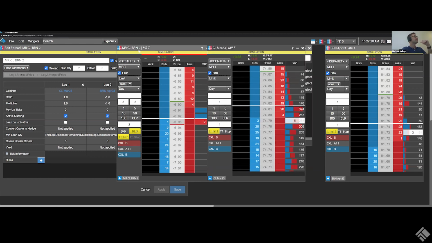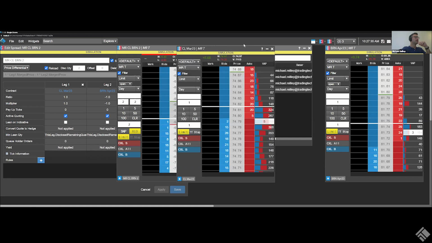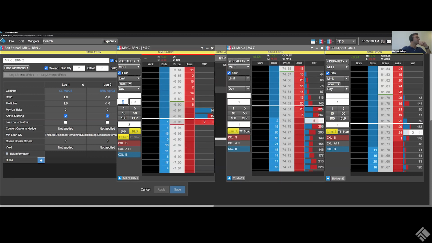There's obviously a difference between the ASC order pane and the CL March 23 order pane. In this case, we have a 2, a 2, and a 2. The bottom value here is going to be a repeat quantity of what is the order quantity that we're next looking to execute in the market.